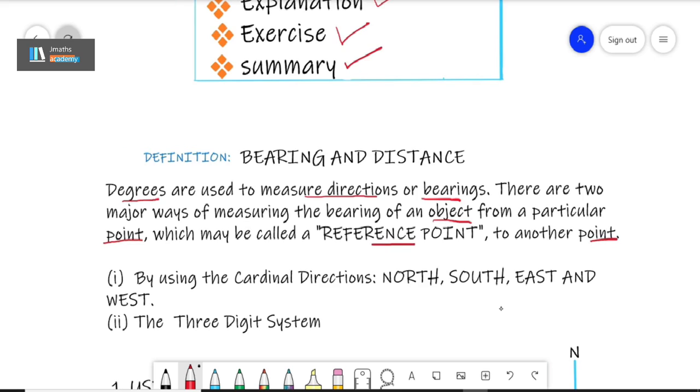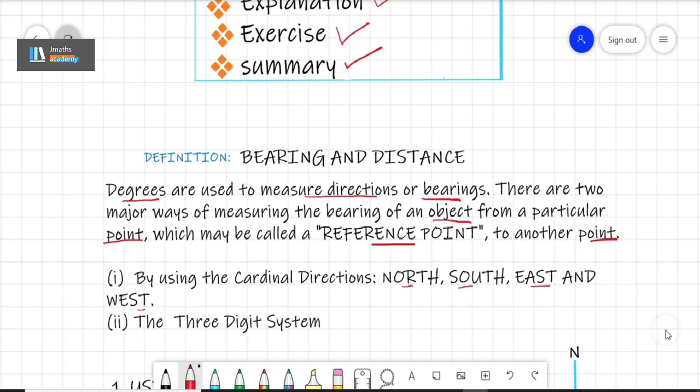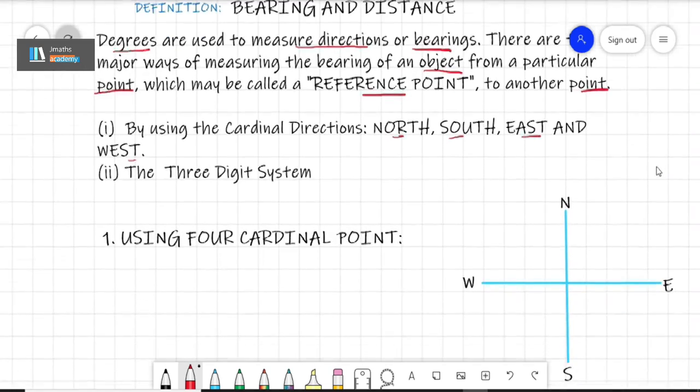Now the two major ways of measuring the bearing of an object is by using the cardinal directions, which is the north, south, east, and west, or the 3-digit system. So when we move further, you understand better how to measure the bearing of an object from a particular point. Let's continue.